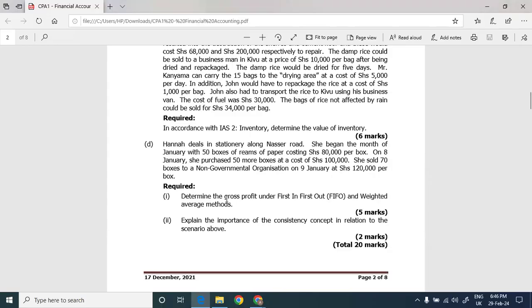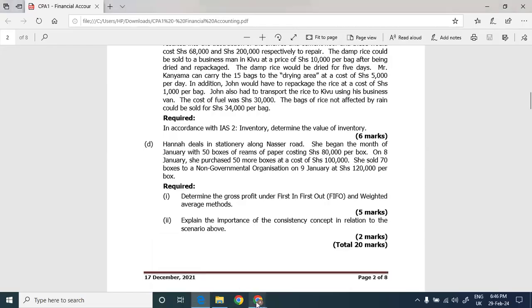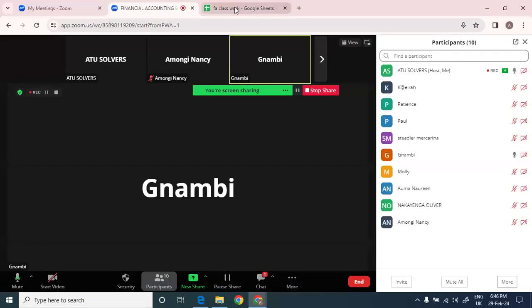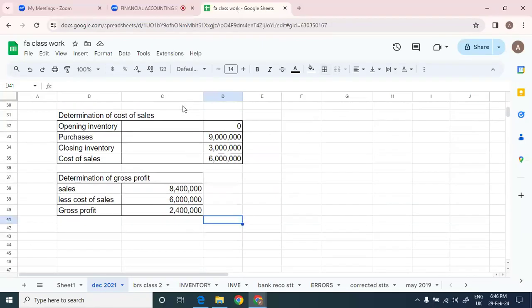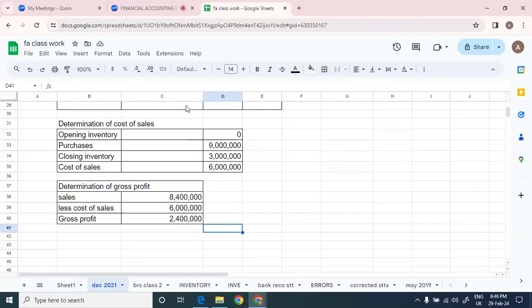Okay? That is one. Secondly, there is no way you are going to start getting your purchases, start getting your closing inventory when you've not drawn the stock card showing the things that came in first and the things that came in last. Are we together? So therefore, please, even in an exam, this will not take too much time.